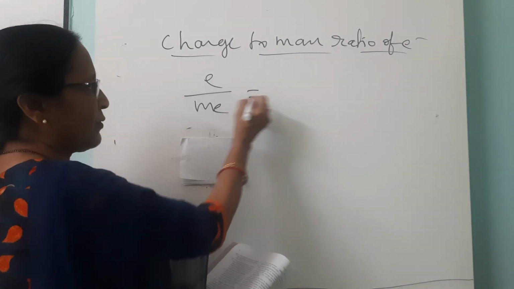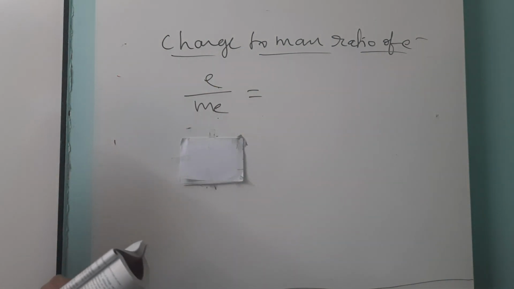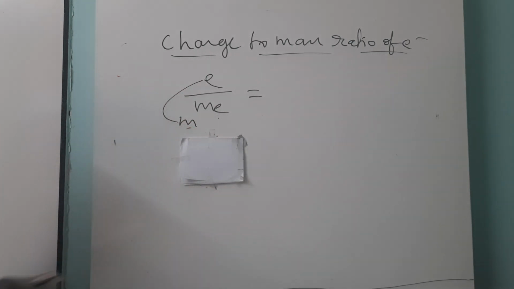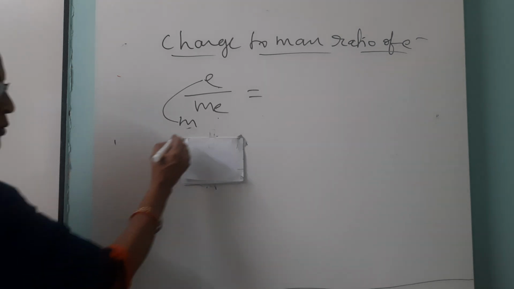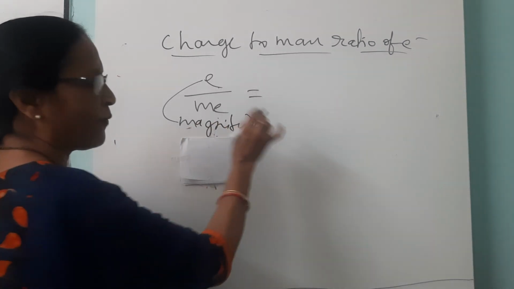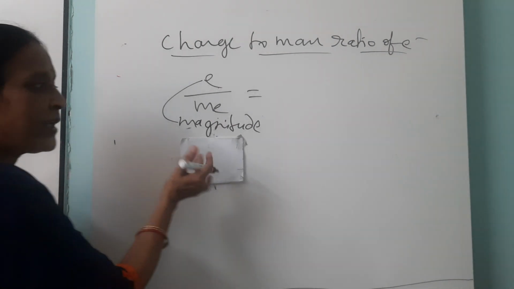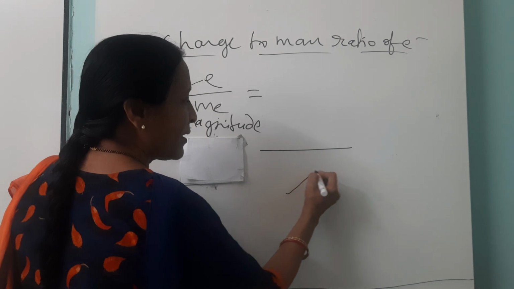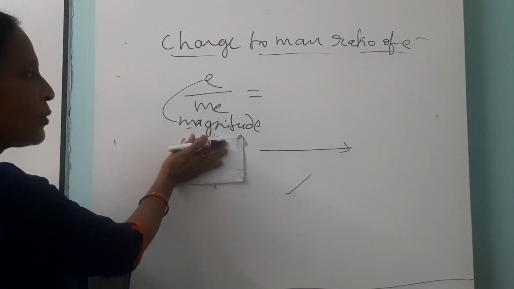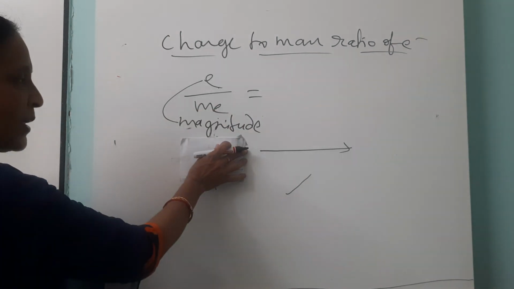So e upon m_e, where e is the magnitude of the charge of the electron. Students, what is the meaning of this magnitude? It means the electron shows a specific type of motion, clockwise, anti-clockwise, parallel direction or straight line direction, and we can calculate this magnitude.